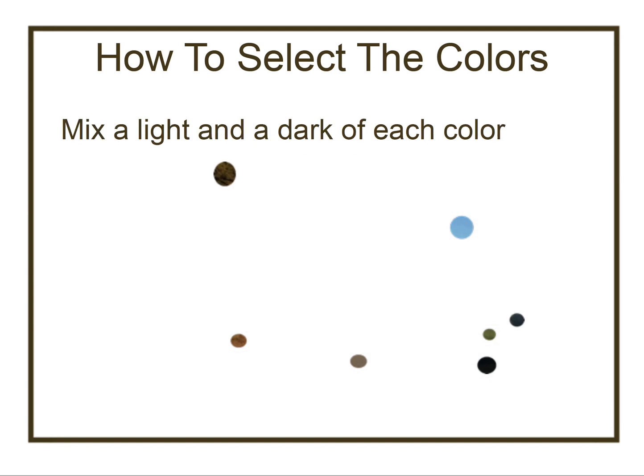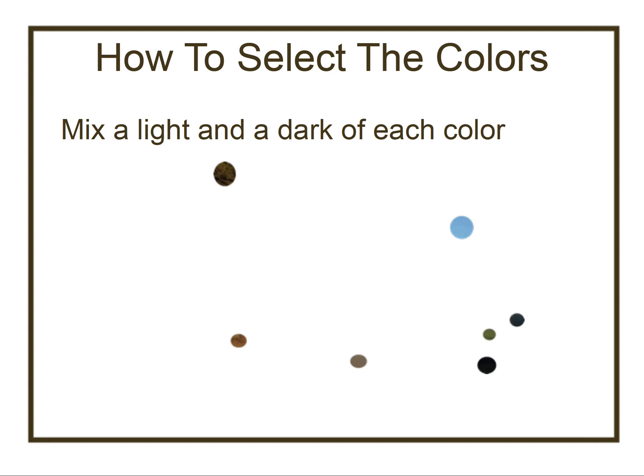Once you've selected the colors, then mix a light and a dark of each of those colors. So if I decide that those 2 on the far right-hand side are really close, and I'm going to use 6 main colors here, once I have mixed a light and a dark of each of those colors, I'm going to have 18 colors, because I'm going to have 3 of each.